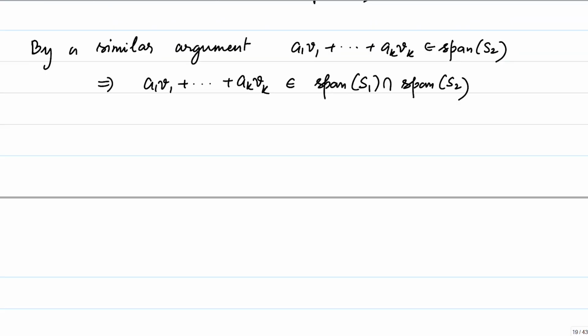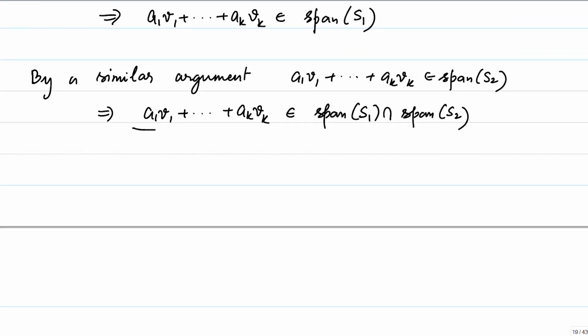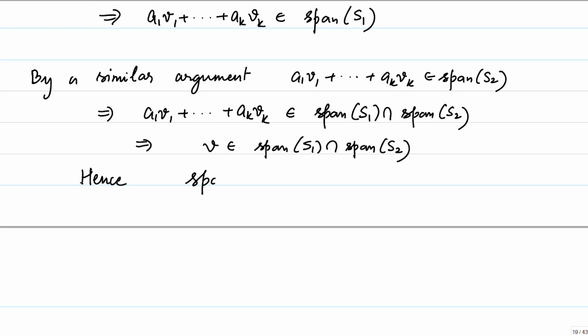In fact, we have established the proof. This vector which I have just underlined is the vector V. So this implies V is in the span of S1 intersected with the span of S2. So we take any arbitrary vector in the span of S1 intersected with S2, and that will be in the span of S1 intersected with the span of S2. Hence, the span of S1 intersected with S2 is contained in the span of S1 intersected with the span of S2.